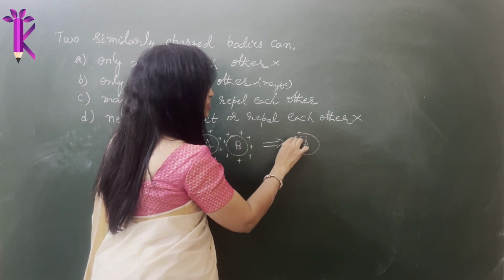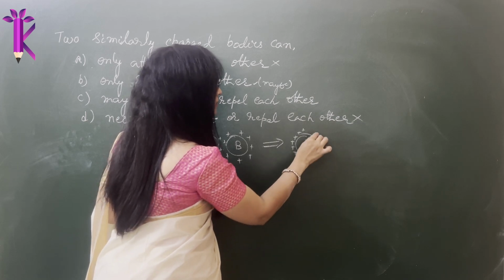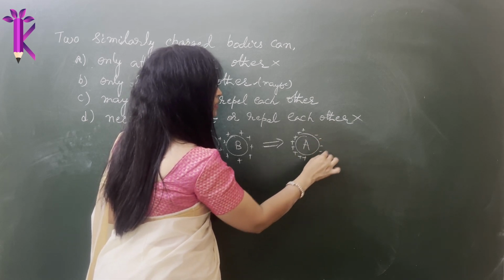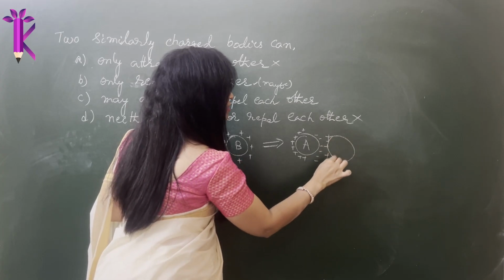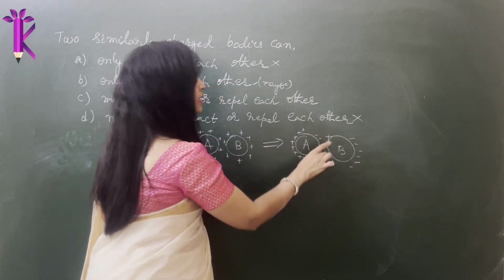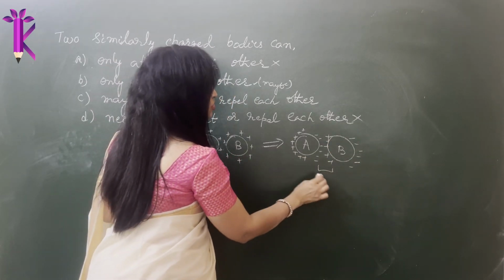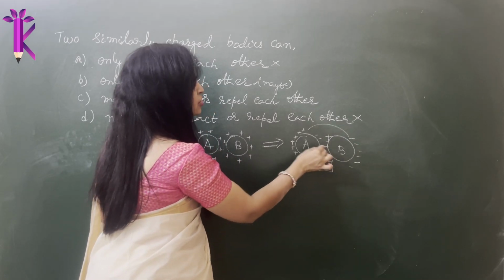So the positive charges get collected on the rear side, and the negative charges come and align on this side. The positive charges remain on this body and the negative charges go on the other side, creating an attraction here and creating an attraction here. So because of repulsion, these move away.